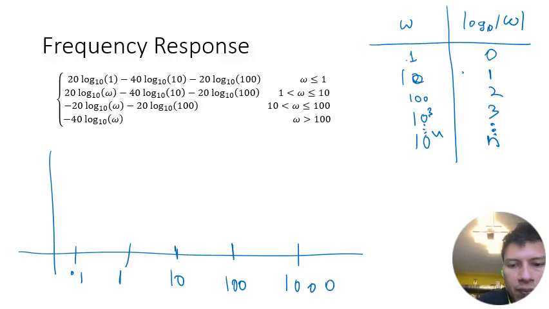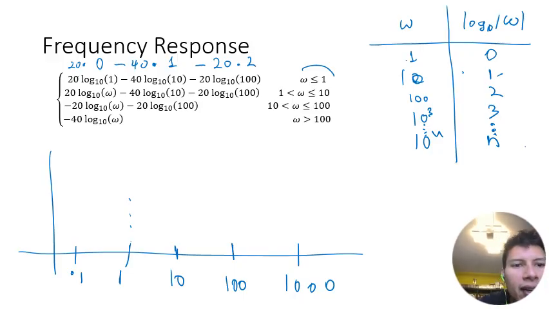I think that's enough. So our plot will start by, for values less than 1, this is a constant, so there's no dependence on omega. So it's just going to be 20 times 0, minus 40 times 1, because the log base 10 of 10 is just 1, minus 20 times 2, because the log base 10 of 100 is 2.